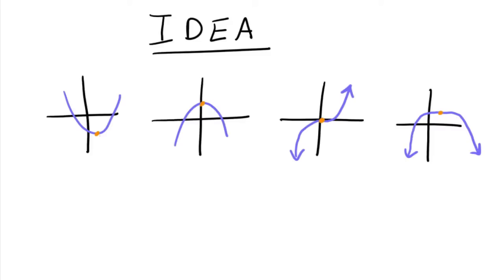Now the way the second derivative could help you is here, for example. Notice that since it's concave up, that means the second derivative is going to be positive.